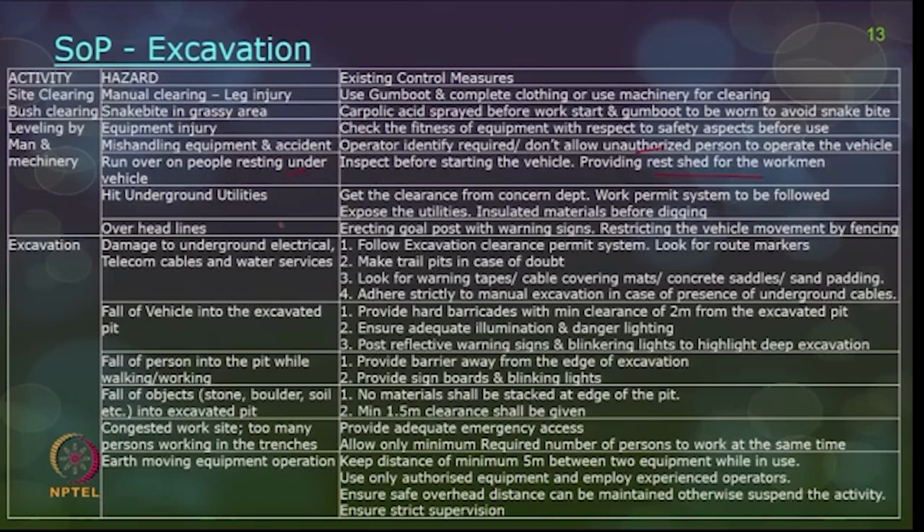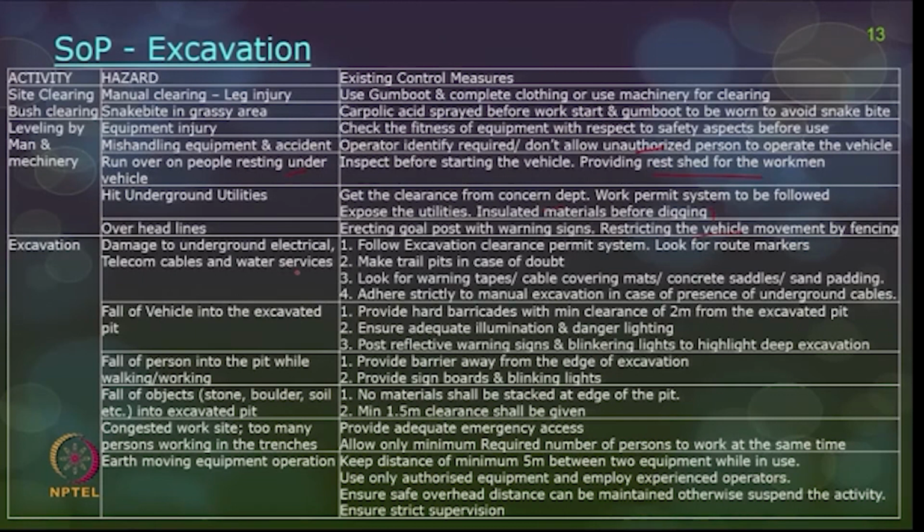Hit underground utilities: get the clearance from the concerned department, identify all the utilities and only then proceed. In a way, a work system is required and expose the utilities. Insulated materials also should be used before you start digging. Overhead power lines: erect goal posts with warning signs, and you can also put adequate fencing so that vehicle movement is restricted.